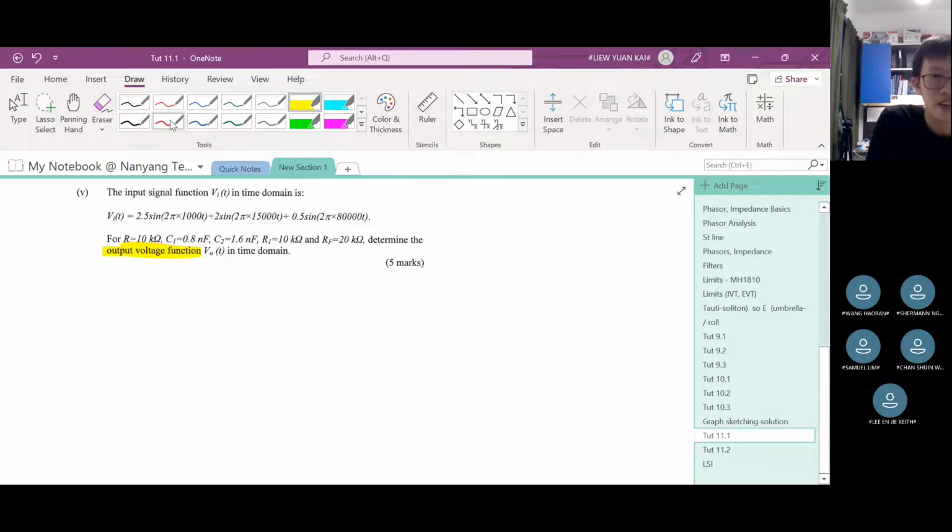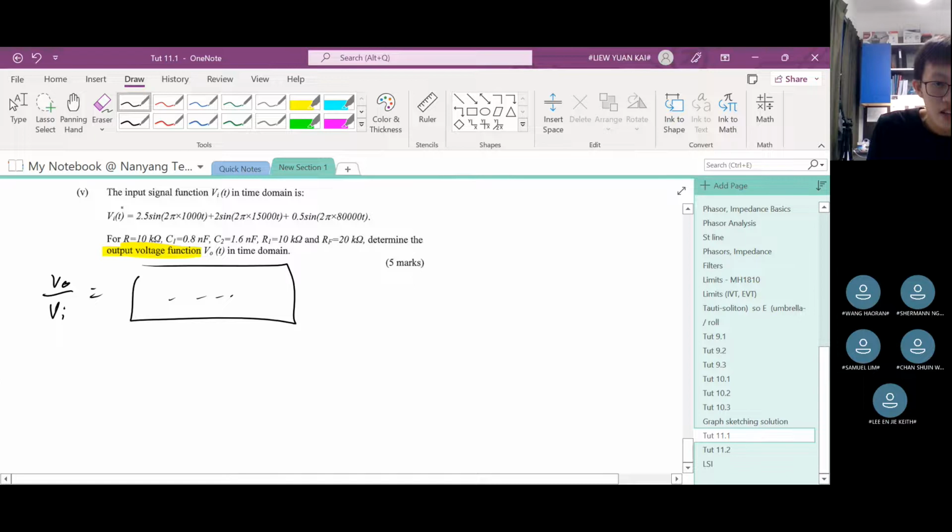So remember in the part 3, we already got the frequency response of the entire system, okay? The frequency response of the entire system, which is V out over V in. Now we can use this, and then we got the gain, right? Just now the gain was also a monster. Yeah, it was the very big gain. Okay, I don't want to write it. Using this, we want to find V out, right?